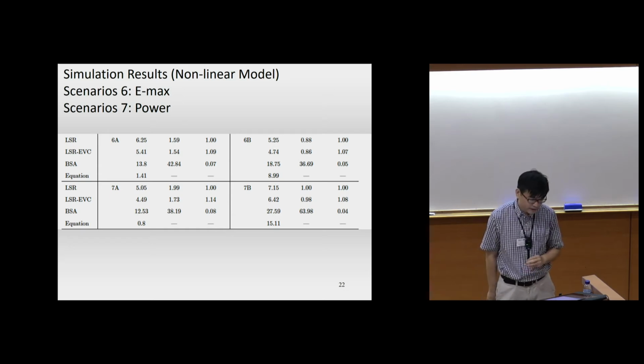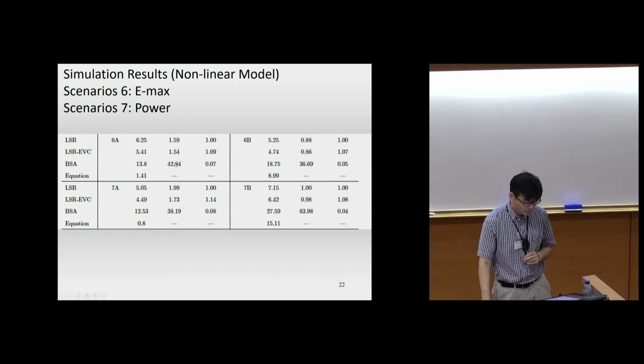These are the two scenarios where the models are misspecified. If you look at the magnitude, everything is slightly larger here using the least square recursion because the models are misspecified. But the key is still the relative performance of the two methods.